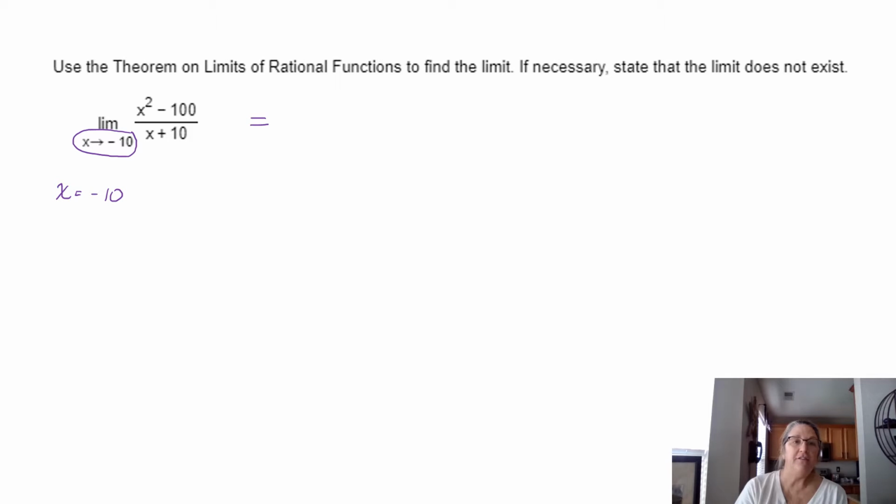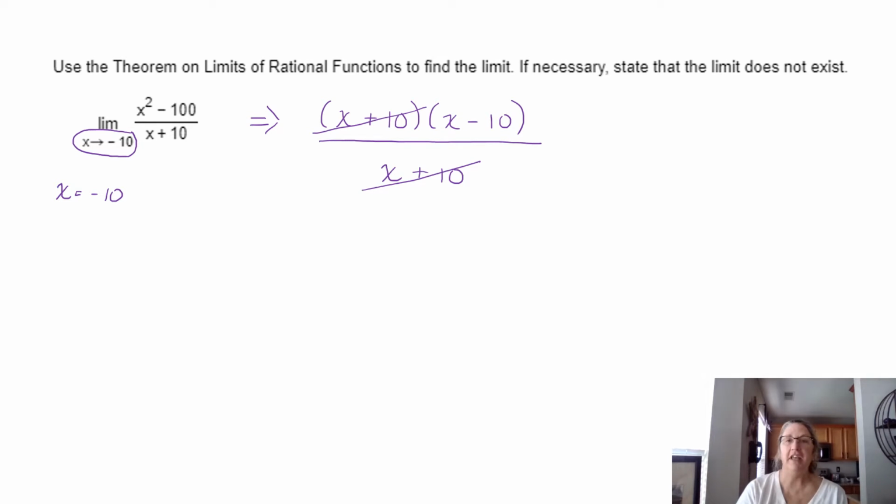Well, in this case, it does, because x squared minus 100 is a difference of squares, and that gives me x plus 10 times x minus 10. On the bottom, we just have the x plus 10. Now, look at this. The x plus 10 and the x plus 10 cancel each other out and give us just x minus 10 to work with.